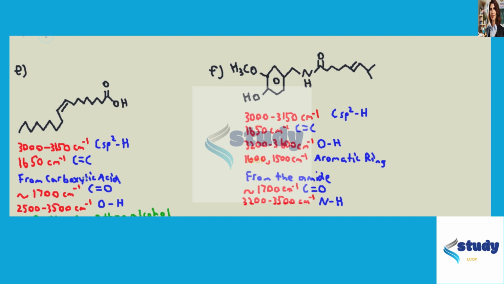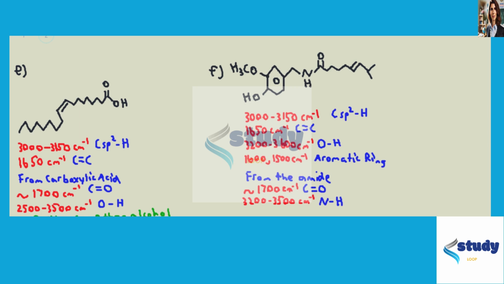Now, from the carboxylic acid, you could look at this and say, well, it's just a carbon-oxygen double bond like in a ketone, and then an oxygen-hydrogen bond like in an alcohol. But that's not quite right. The carboxylic acid's carbon-oxygen double bond is going to show around 1700, but it will be different than just a ketone would be.